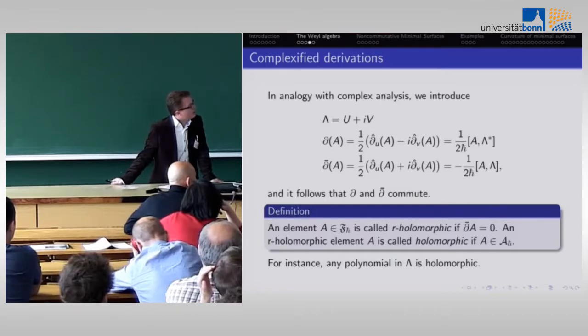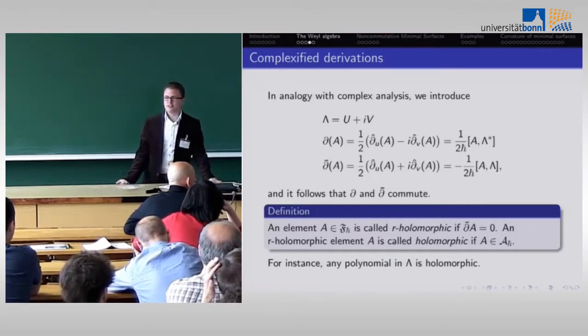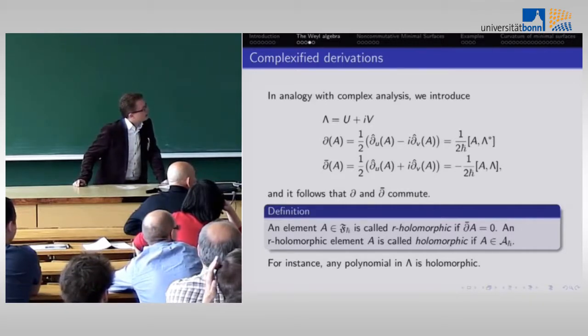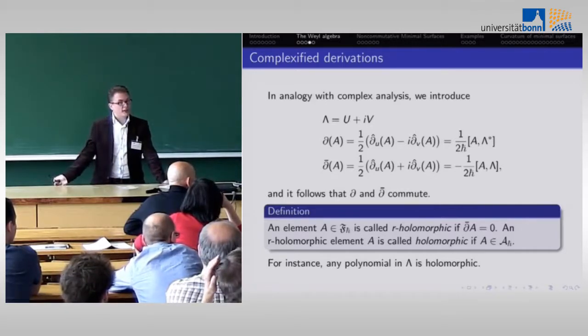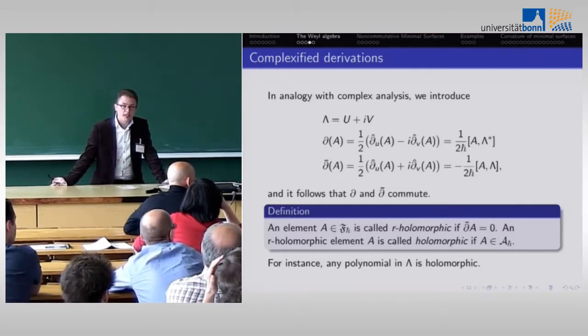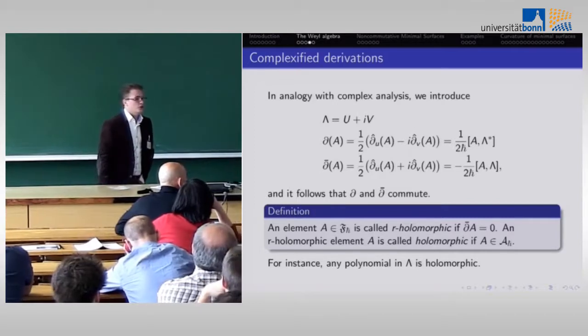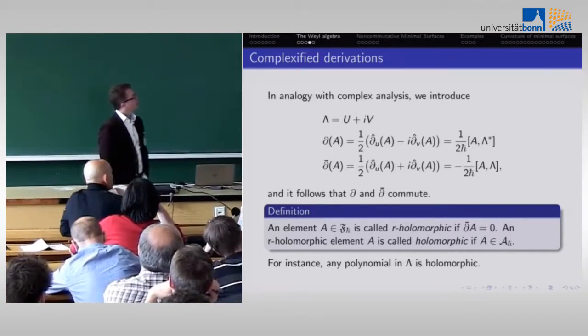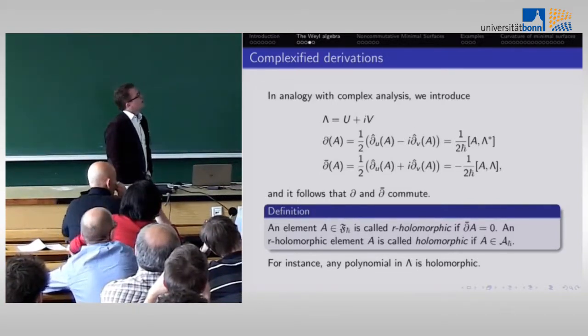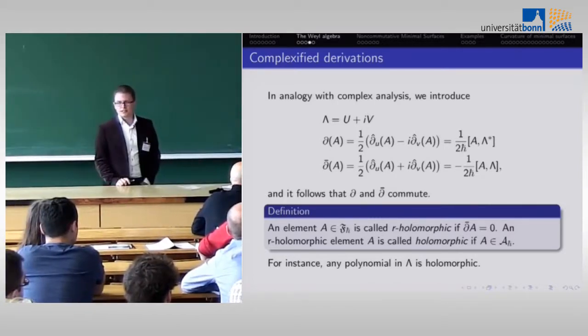But now we won't see anything about these if there are zeros in the denominator and so on. So we simply call these rational holomorphic, because they are still annihilated by d bar, but they will actually be rational expressions in polynomials in this lambda. Okay, so we just call them R holomorphic. So any polynomial in lambda is in particular holomorphic. So it's like the variable z.